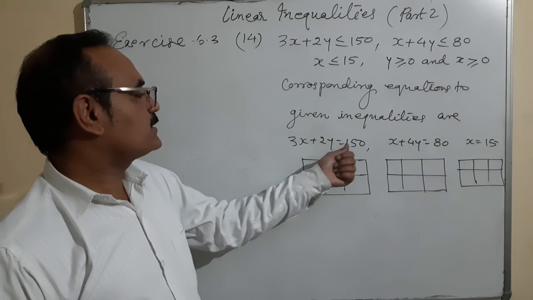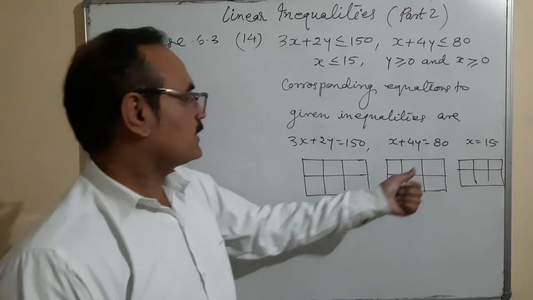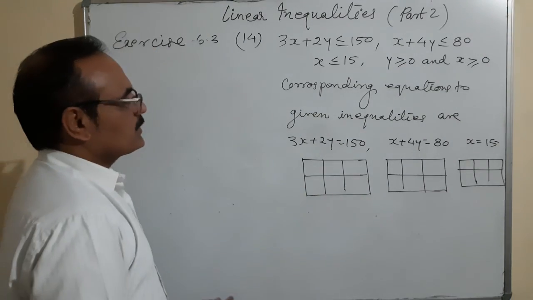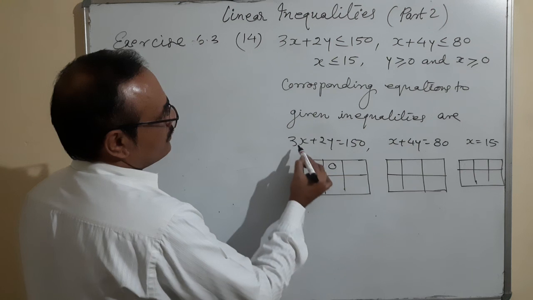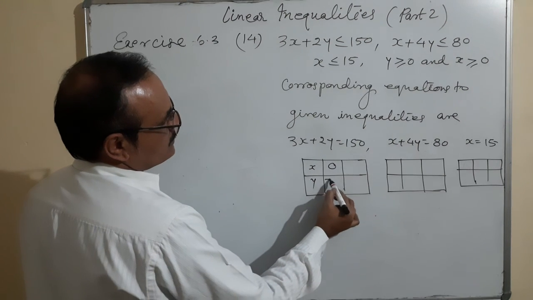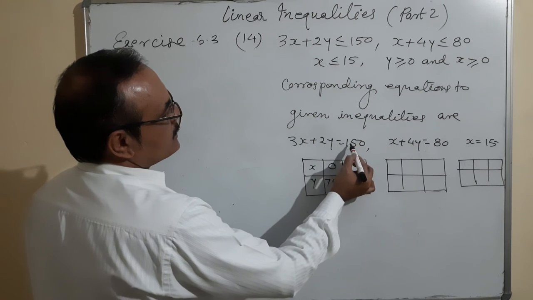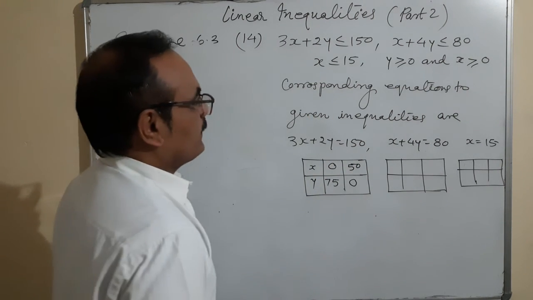3x plus 2y is equal to 150. Okay, here it is 80, there it is 15. So I'll put x is equal to 0, then y is 75. If I put y 0, then x is equal to 150 upon 3, that is 50. Okay.